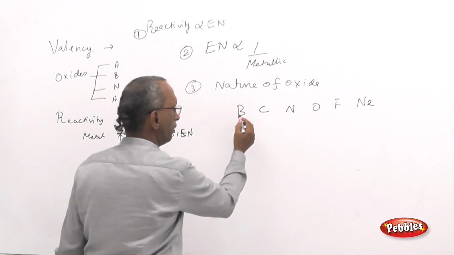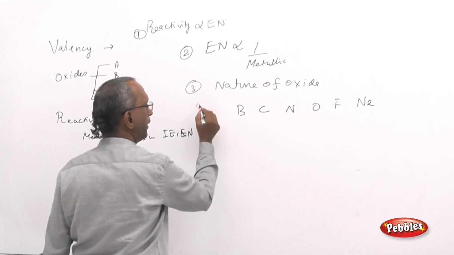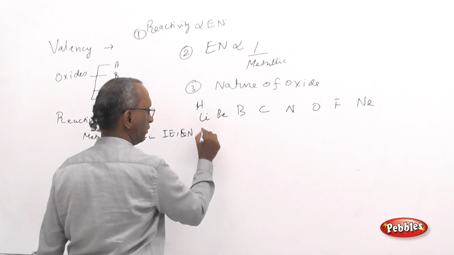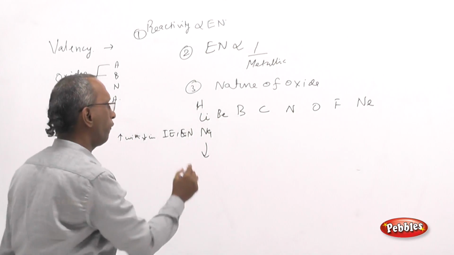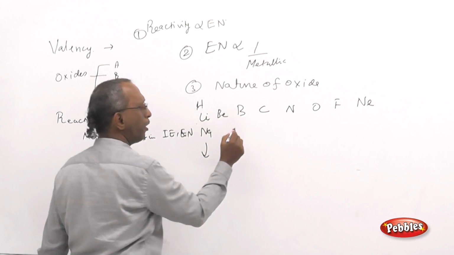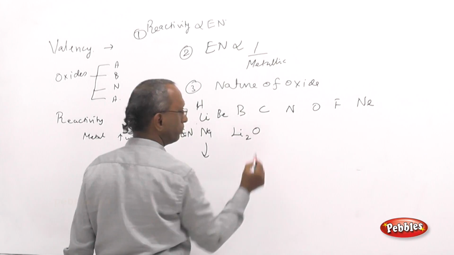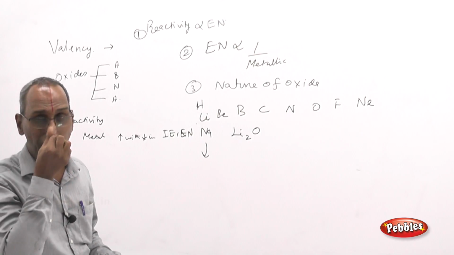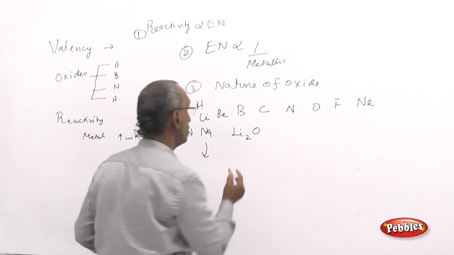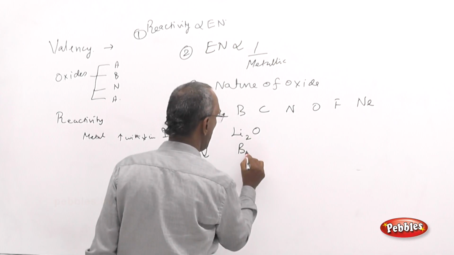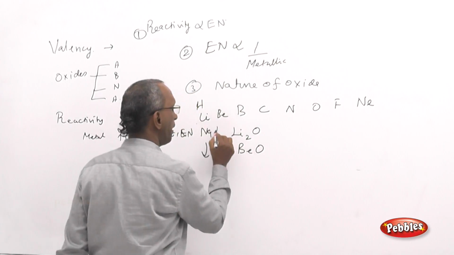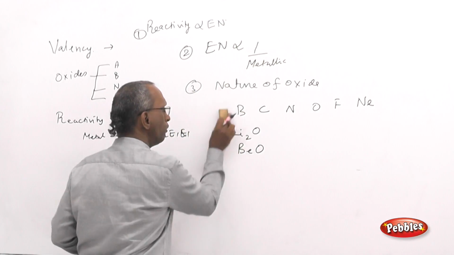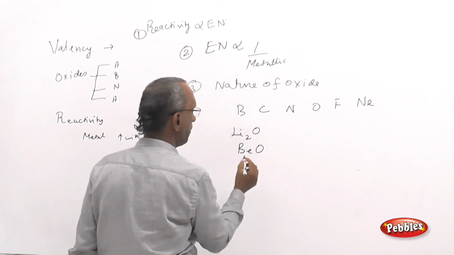So from left: hydrogen, lithium, beryllium, sodium, potassium. From left to right, lithium oxide formula is Li2O, similar to hydrogen oxide. Water is H2O, and its group element lithium forms Li2O. Beryllium, magnesium, calcium oxides have the formula BeO, so here valency is 2.